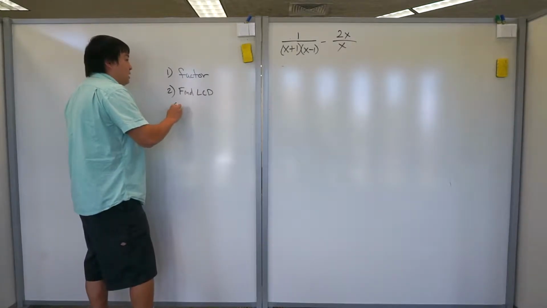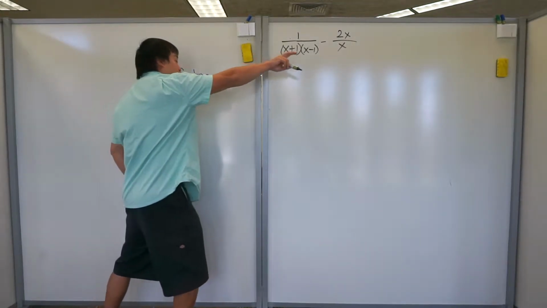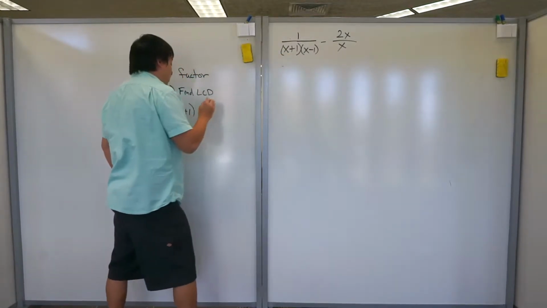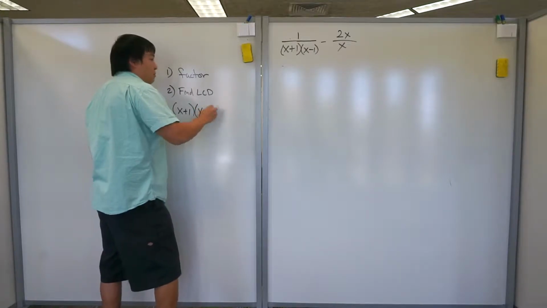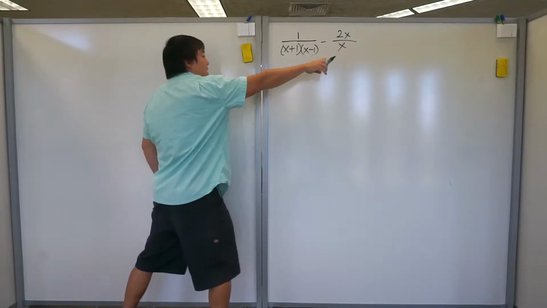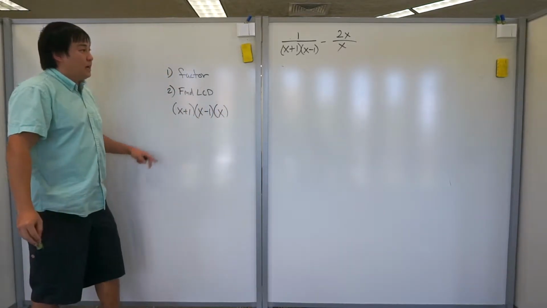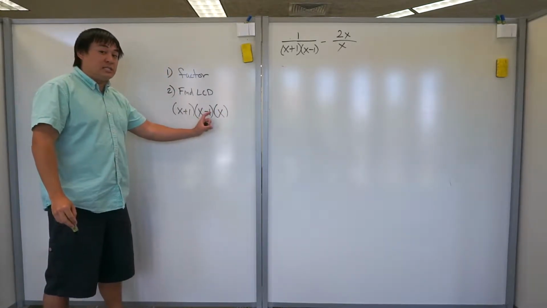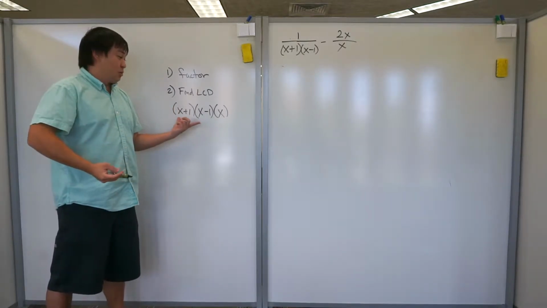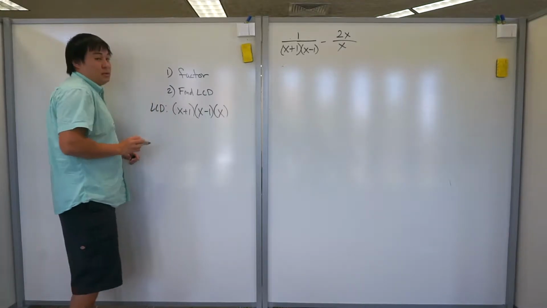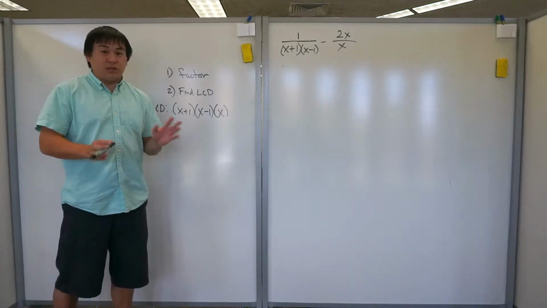So the LCD here in this problem, notice is x plus 1, because there's an x plus 1 there, and x minus 1 there, and the other one has an x. Okay, and the highest exponent of each of these different ones is 1. So we can leave it like this. This is the LCD. Okay. You don't need to multiply it out, you don't need to do anything to it.